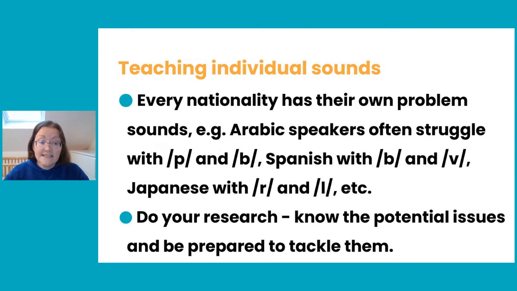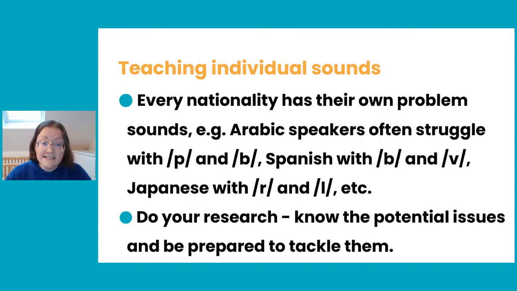So remember that list we saw at the beginning? Let's start going through the major areas of pronunciation that we will more than likely teach. Let's start at the most basic unit, okay, the individual sound. This is also called a phoneme. Okay, like the smallest unit of sound is a phoneme.